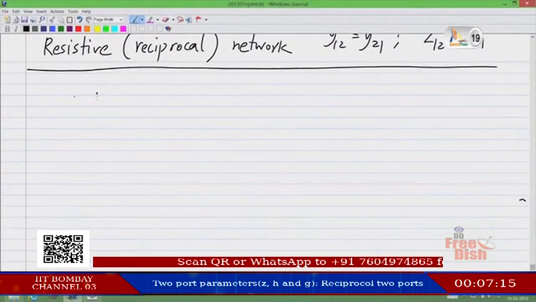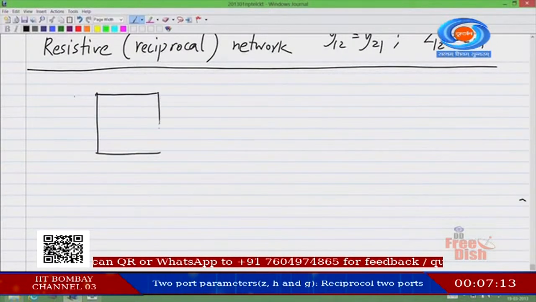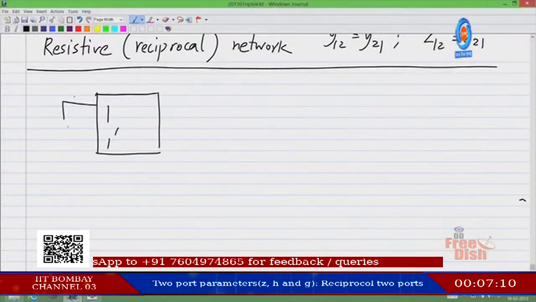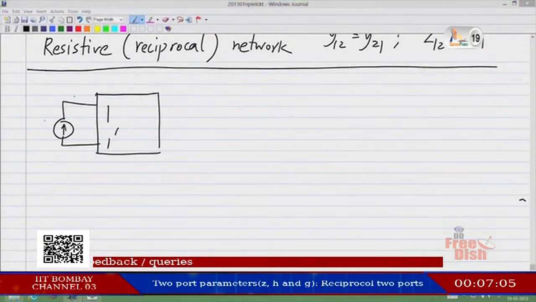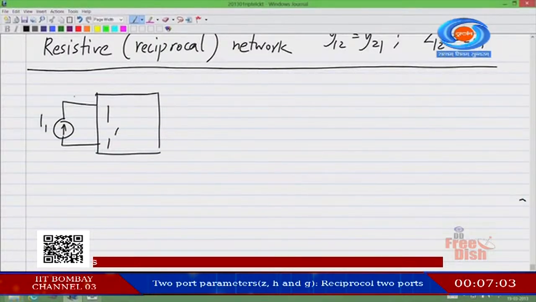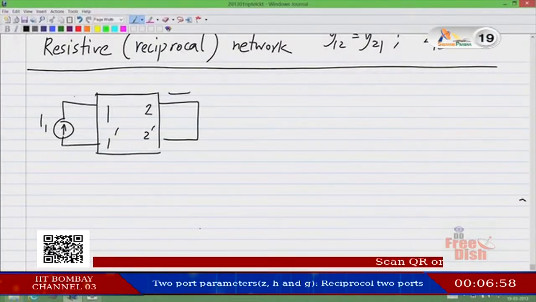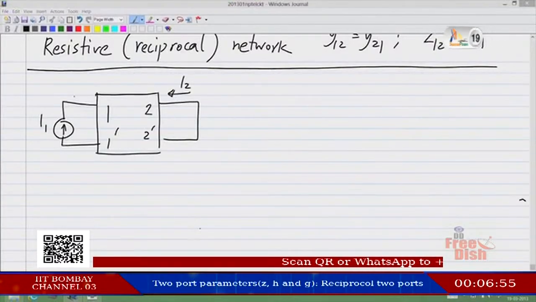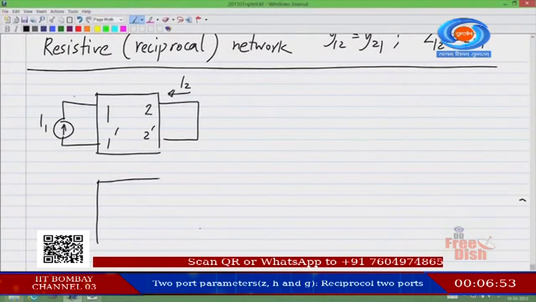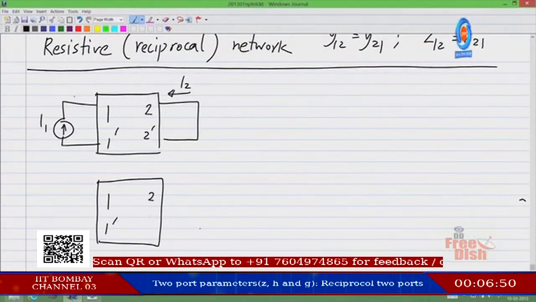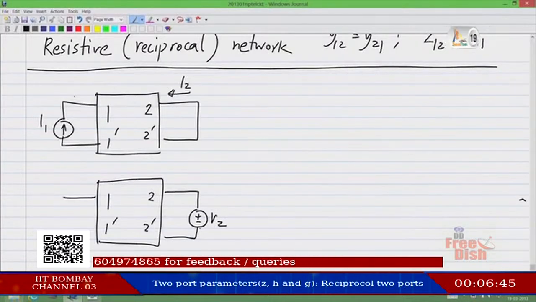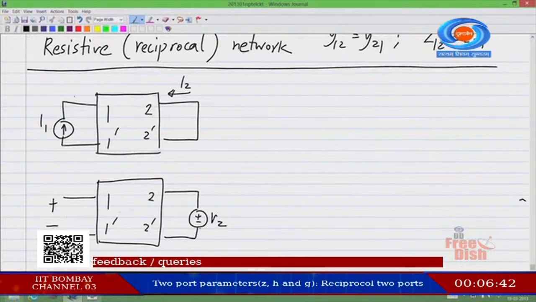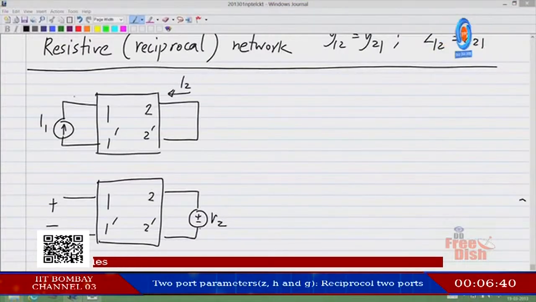Just to refresh your memory, we discussed reciprocity for this case for I1 with this side short circuited, and we measured I2, and in the other case we had V2, we had this side open circuited.